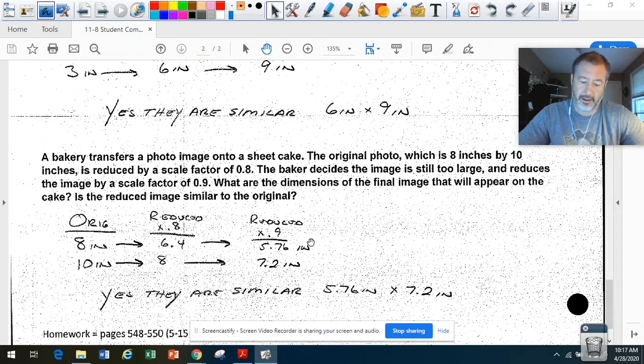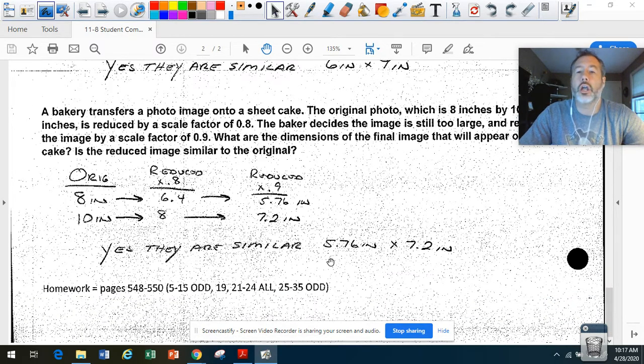Let's do 5.76 divided by 7.2. Guess what you get? 0.8. They are similar to each other. So yes, they are similar. So your new image at the final, reduced all the way down from the original, is going to be 5.76 inches by 7.2 inches.